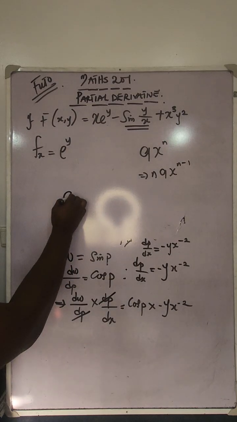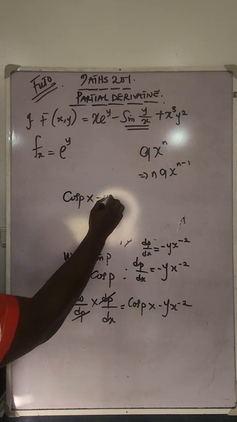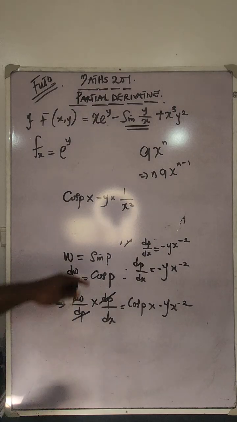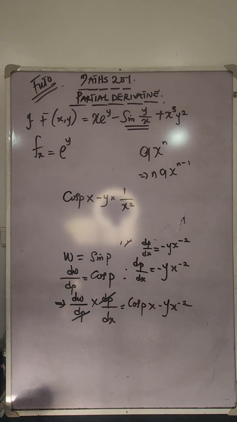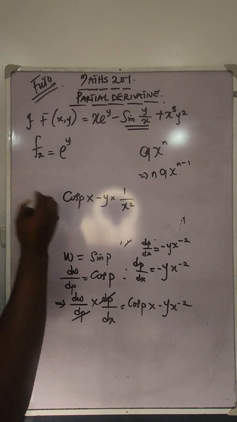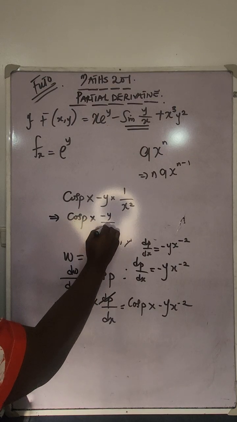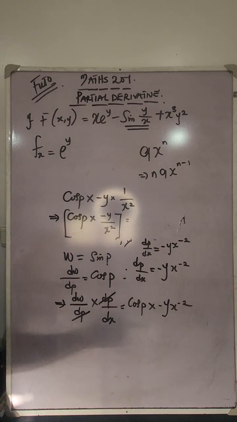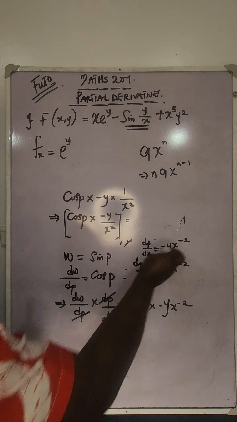So we say cos p multiplied by, if you write this, the same thing as minus y multiplied by 1 over x squared, because minus yx to the power of minus 2 is minus y times 1 over x squared. And so this loosely translates to cos p times minus y over x squared. Did you see that? Now recall that p was what? P was y over x.